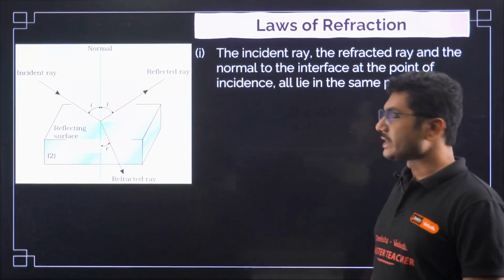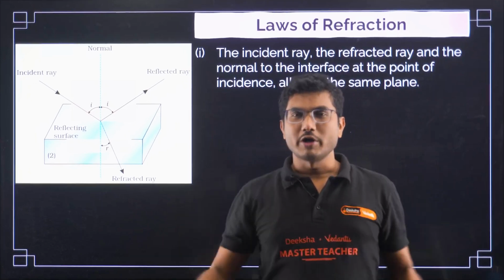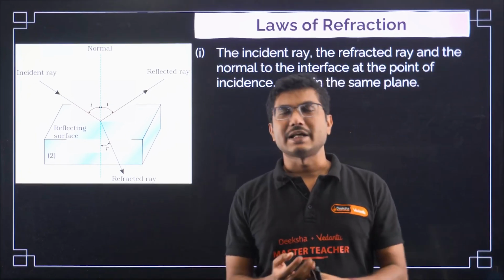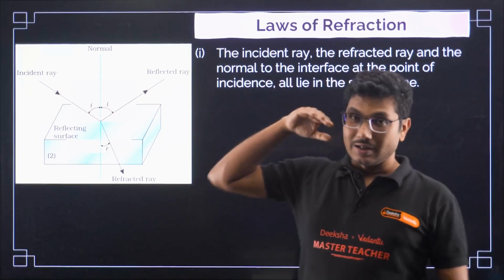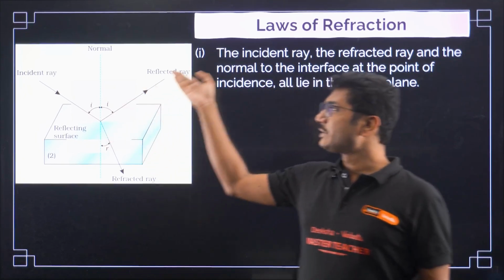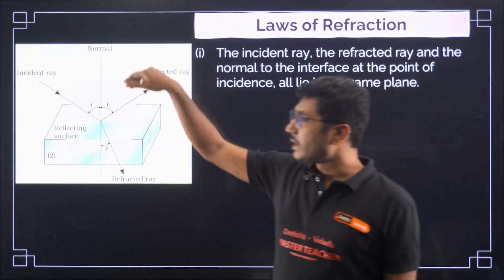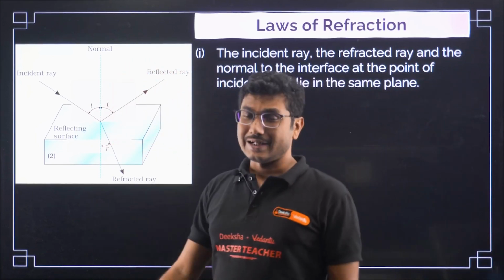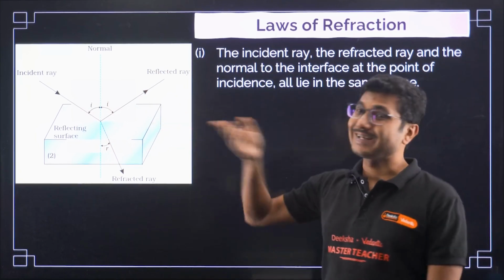For example, light is falling on water. It can be a pond, it can be a lake, it can be a glass of water. When light falls on it, part of the light reflects back into the first medium, that is air, and part of the light goes into the second medium, which is water.